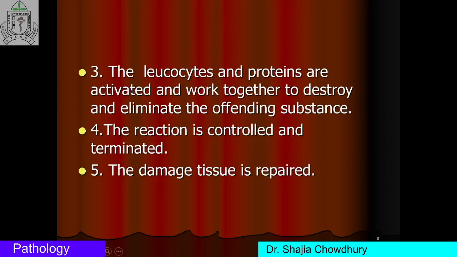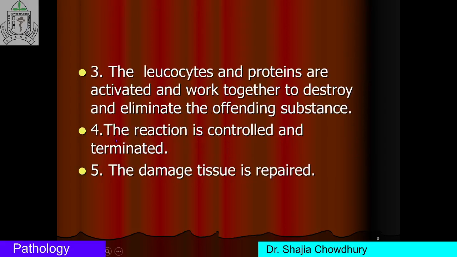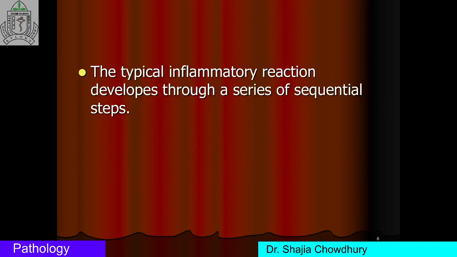And third, the leukocytes and protein are activated and work together to destroy and eliminate the offending substance. They work in the extracellular space. The inflammatory cells and plasma protein work together to eliminate the offending agent. And then the reaction is controlled and terminated and damaged tissue is repaired. This is the final step. The damaged tissue is prepared for healing and repair.